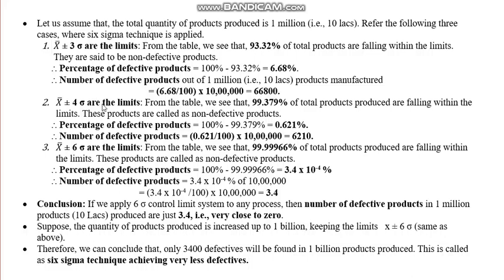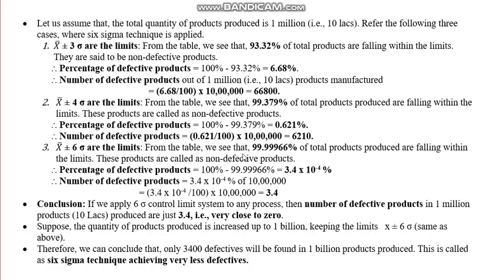In 4 sigma limits, the accepted percentage is 99.379, rejected is 0.621%, and this works out to 6,210 defective products in 10 lakhs.